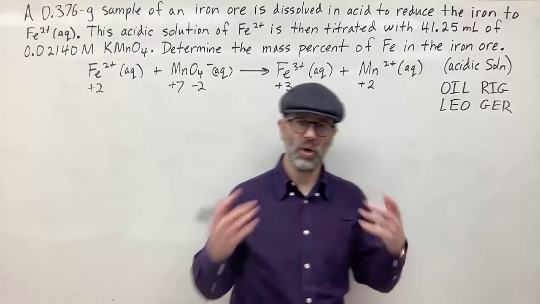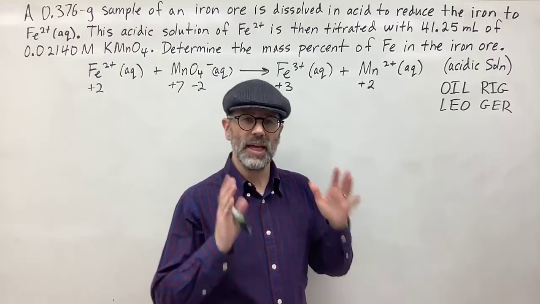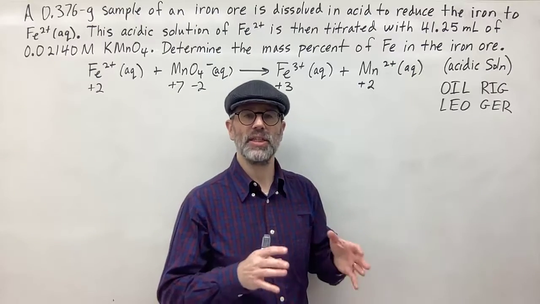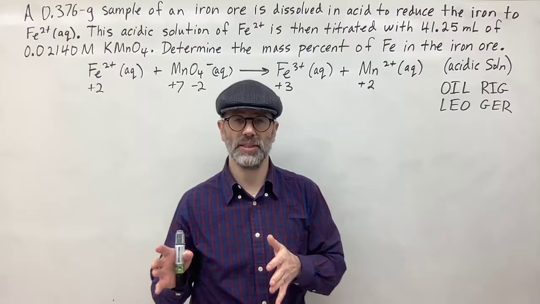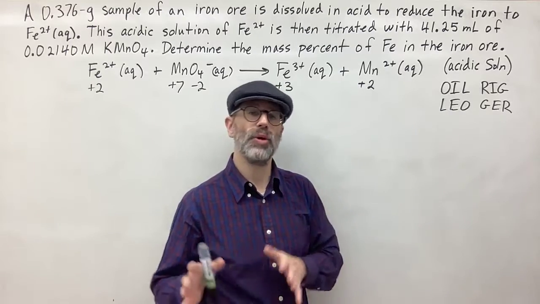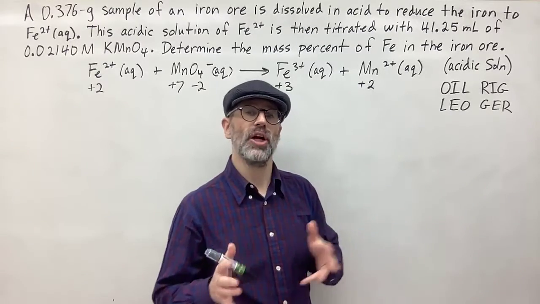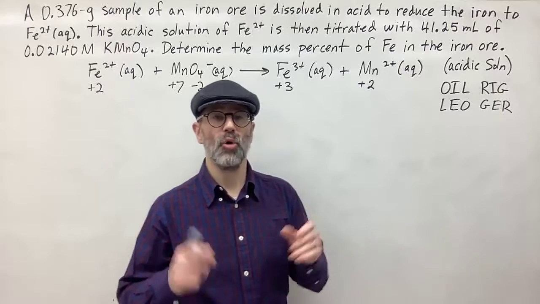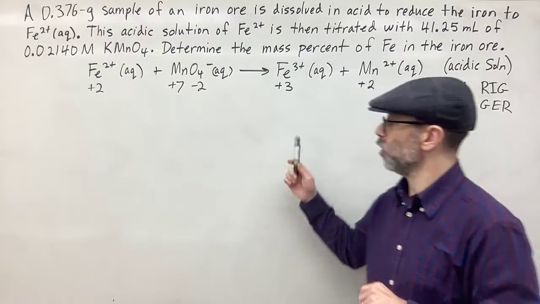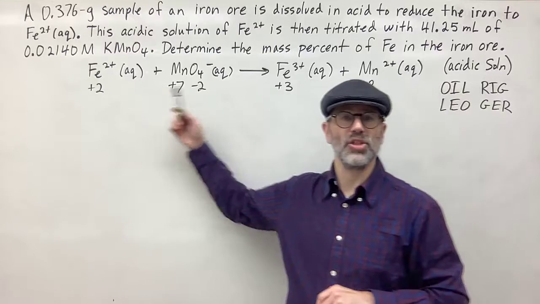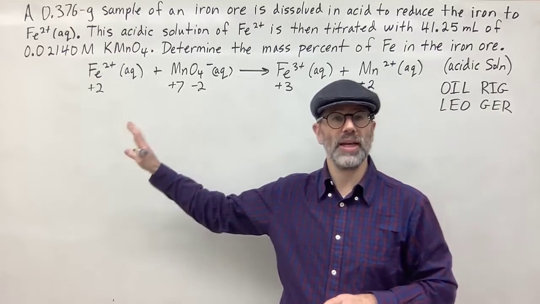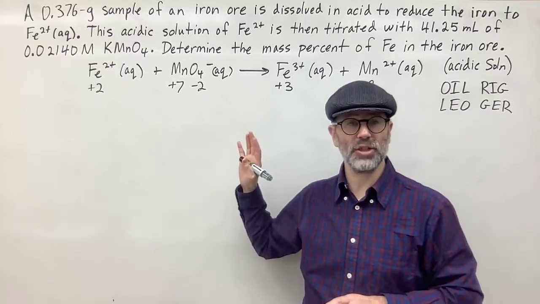So what does this tell us? If you undergo oxidation, that means you are losing electrons. If you undergo reduction, that means you're gaining electrons. This is why we wrote down the oxidation states, so we can determine what is losing or gaining electrons.